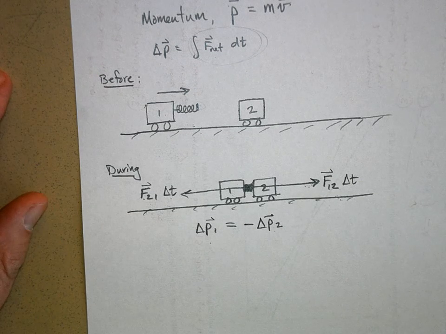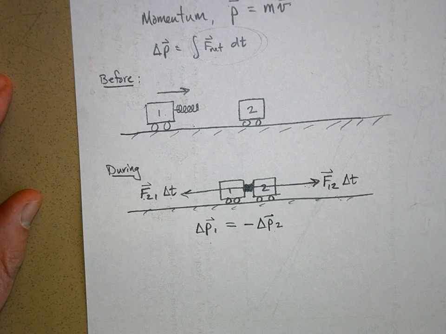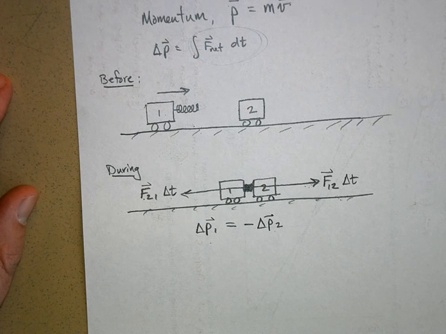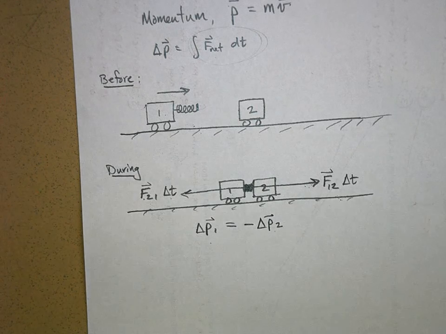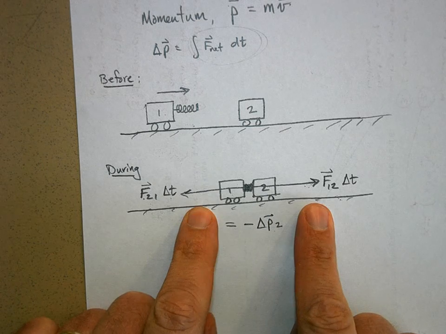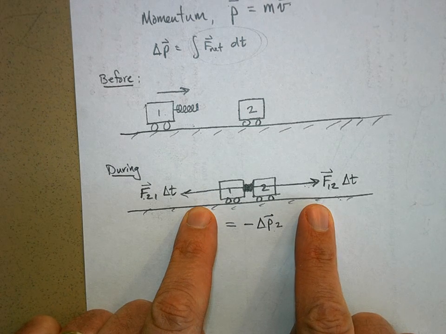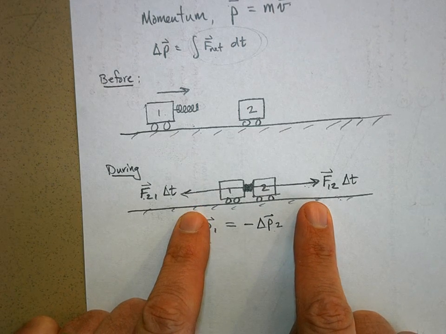Here's the cool thing about when galaxies collide. The space between the stars is so vast that probably no stars will actually physically collide. But they will gravitationally collide. The interaction force between the two galaxies will be the force of gravity.